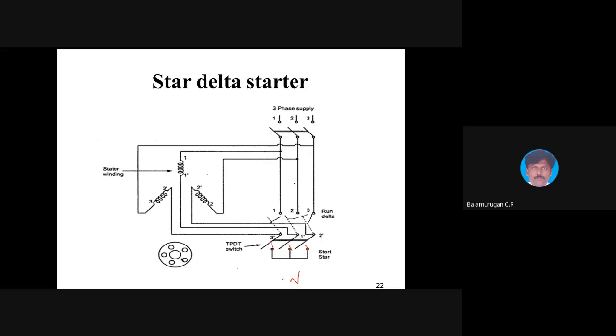Next, 2 dash will be connected at 3. Like that, we will have a closed path. So in the star connection, the three terminals get short circuited and form a single star point. In the run condition, we will have the delta connection. So the voltage reduction ratio is 1 by root 3.